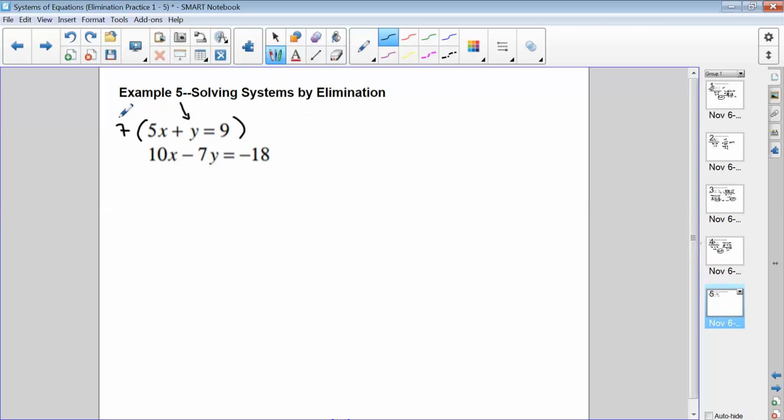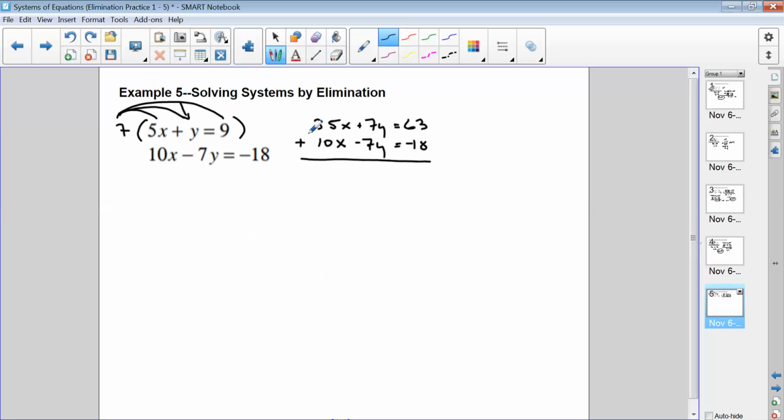So 7 multiplied to every term would be 35x plus 7y is equal to 63. Bottom equation would be 10x minus 7y is equal to negative 18.